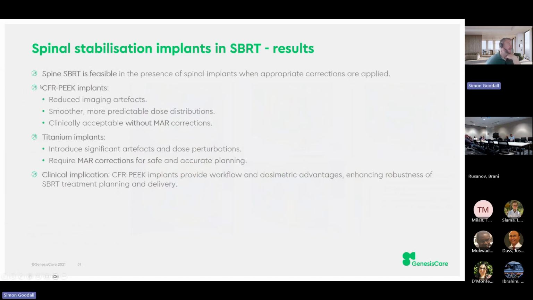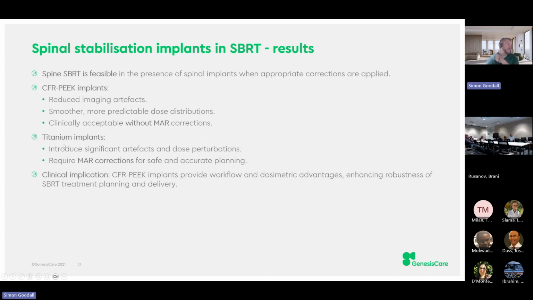So from that, we have concluded that Spine Saver is feasible in the presence of implants as long as you use appropriate corrections. So for the carbon fiber-based implants, we get reduced imaging artifacts, the dose is less perturbed, and the positioning is slightly less accurate. And if you don't have MAR, then you can still probably do Spine Saver to some clinically acceptable tolerances.